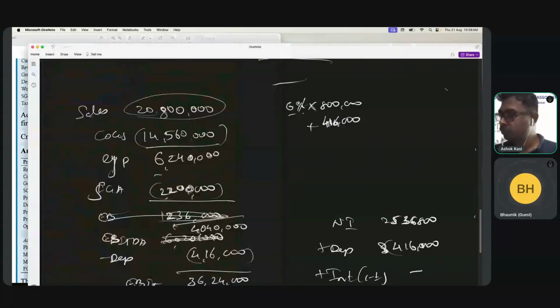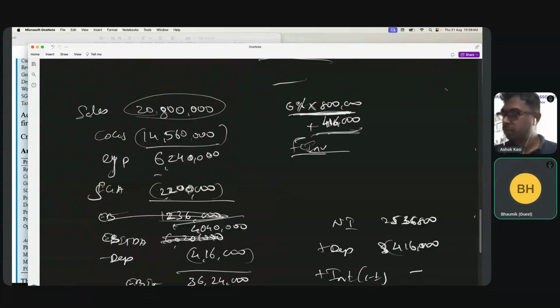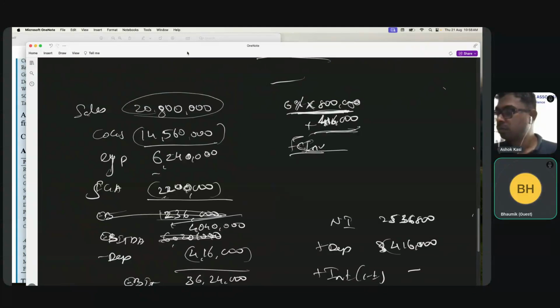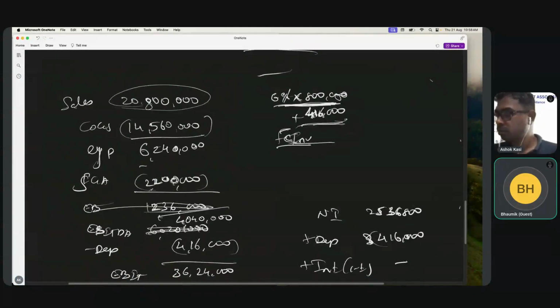So this becomes fixed capital investments: 464,000.